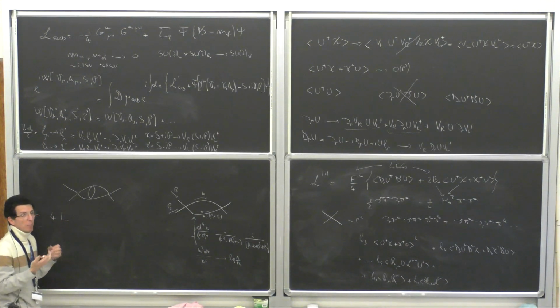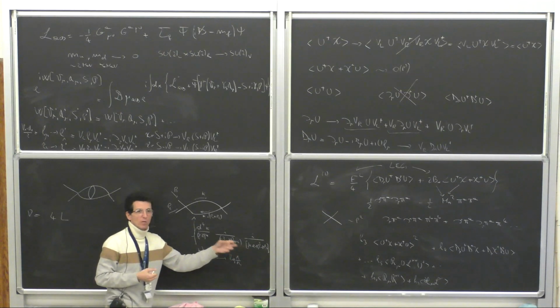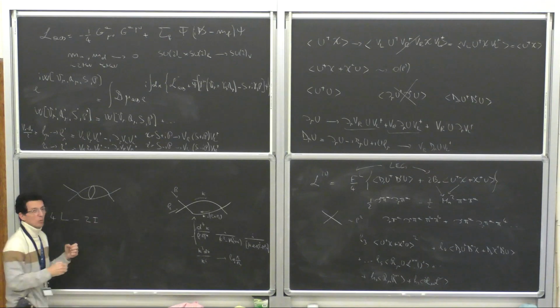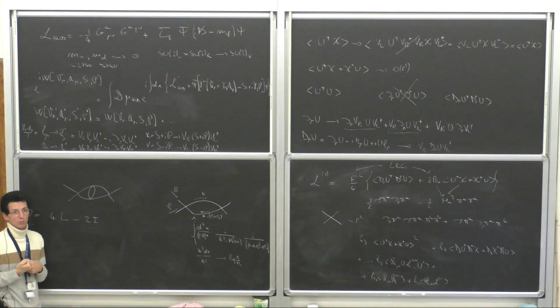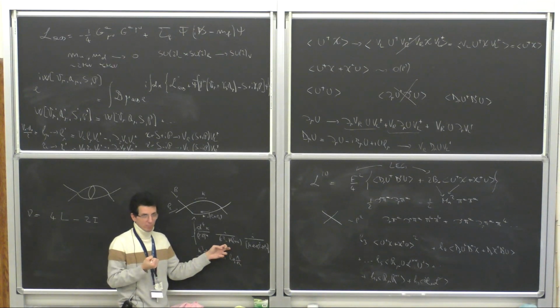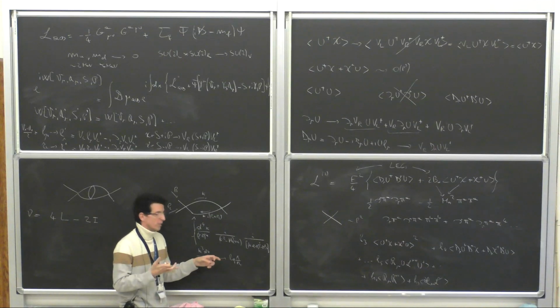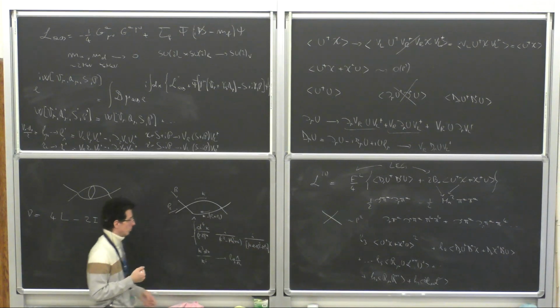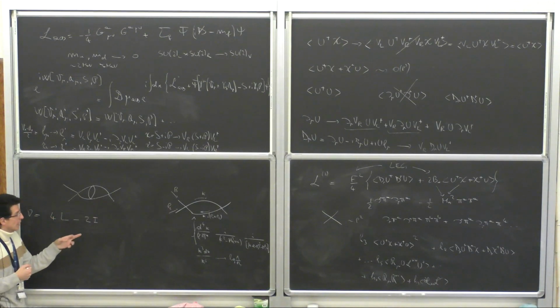Then the powers of k will be diminished by twice the number of internal lines. Each propagator is 1 over k squared, so in this counting it counts as minus 2 each.